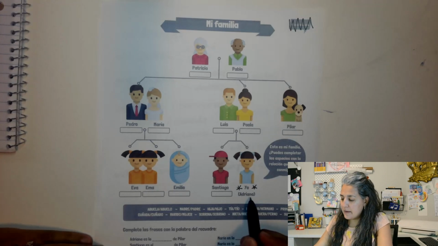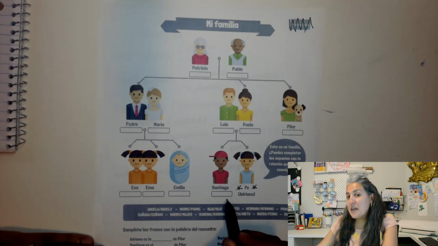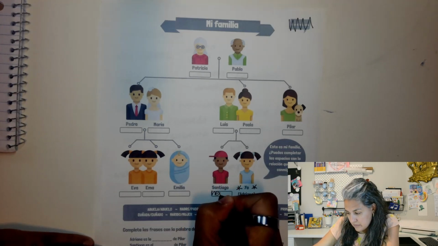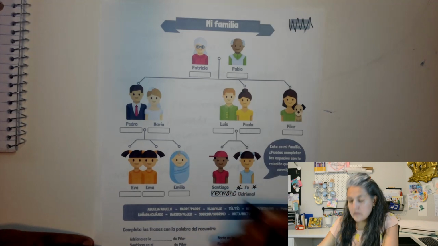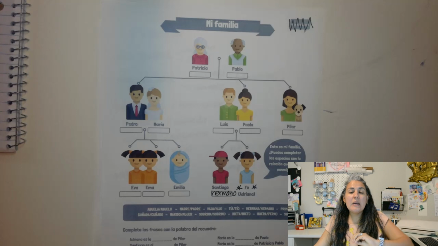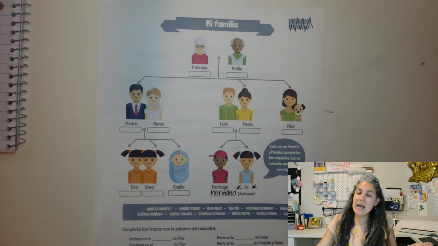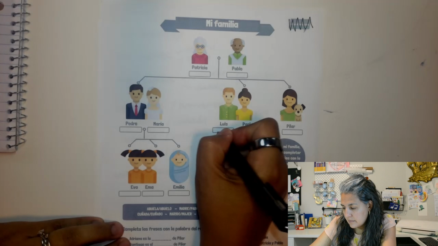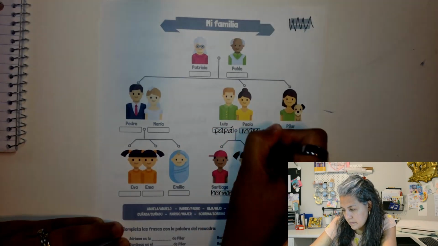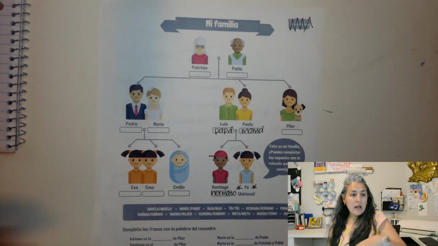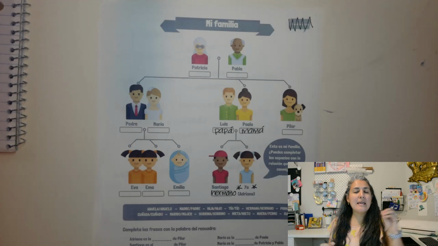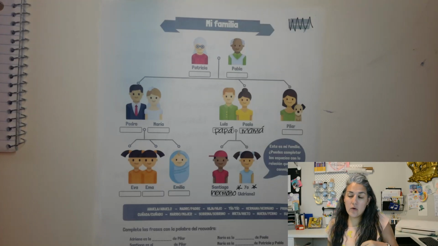So if I'm Adriana, my sibling Santiago es mi hermano. That is sibling. Santiago es mi hermano. If we go up, Luis y Paola es mi papá y mi mamá. From there, my mom's parents, we're just going to go to the mom's side, mi abuela, mi abuelo.